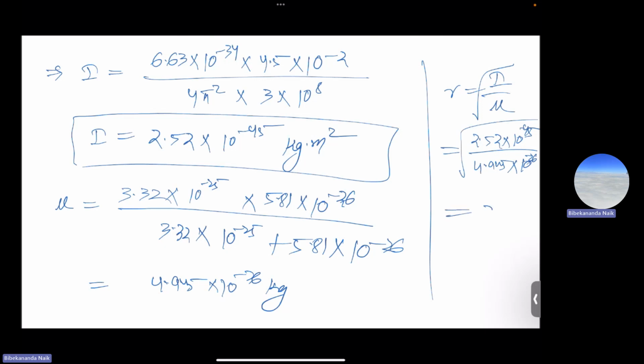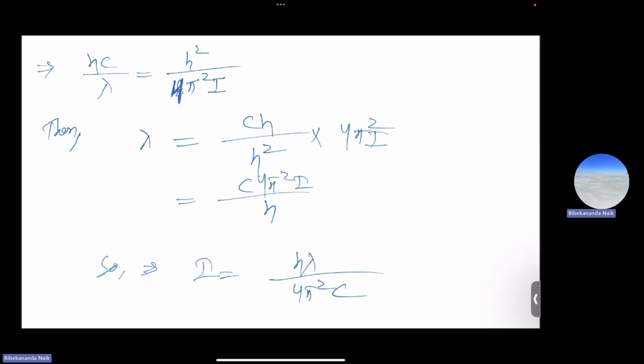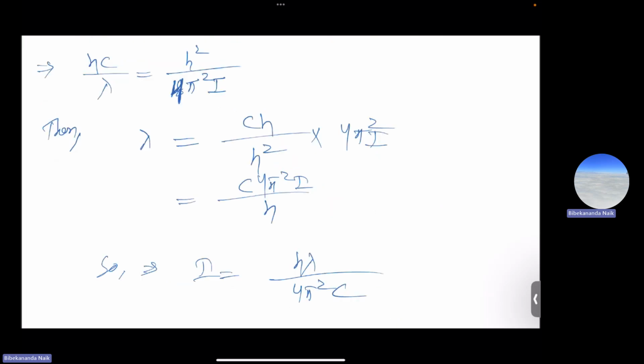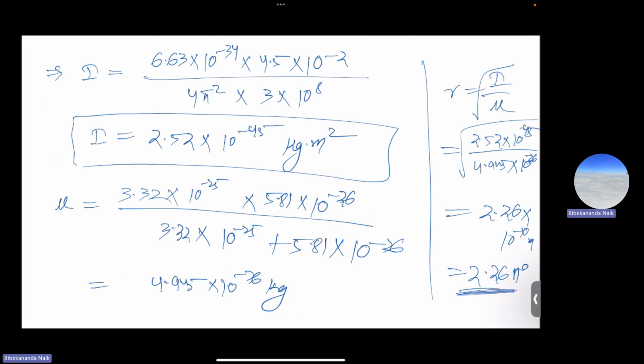It will be 2.26 into 10 to the power minus 10 meters, that is nothing but 2.26 angstrom. So the correct option will be option A, 2.26 angstrom. This 2.26 angstrom is the value of the internuclear distance of the HgCl molecule with all the given information in this question.